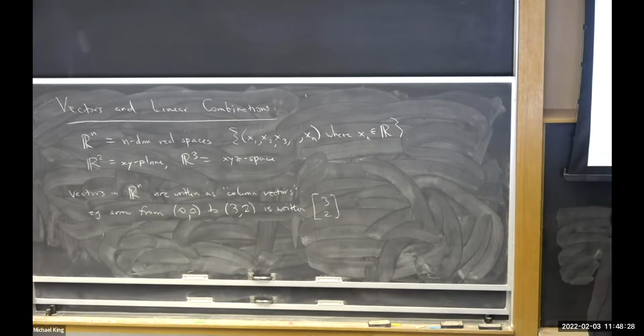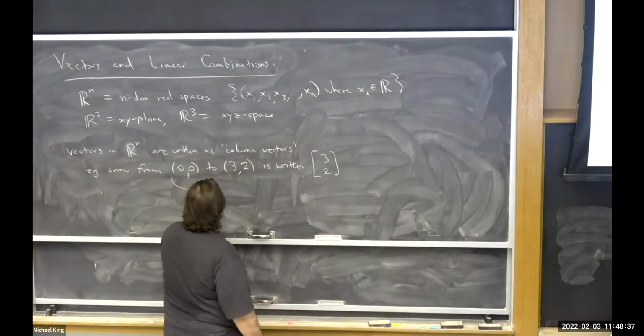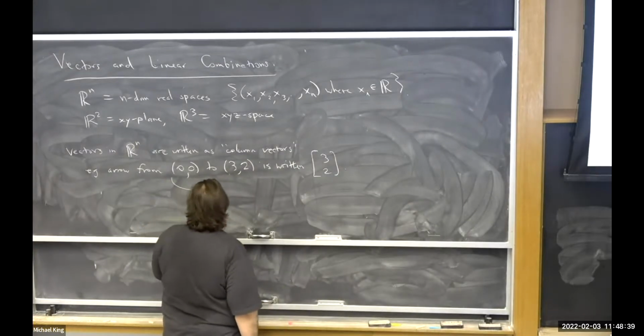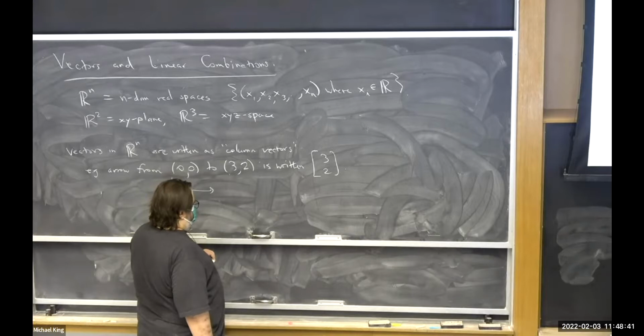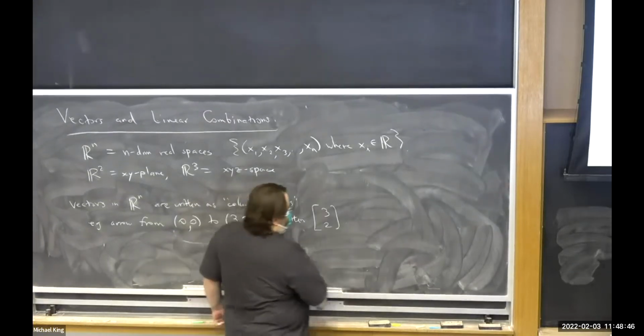If you remember from multivariable calculus, there's the ij and ijk notation. So we can also say this is written as 3i plus 2j. And I should draw a picture.